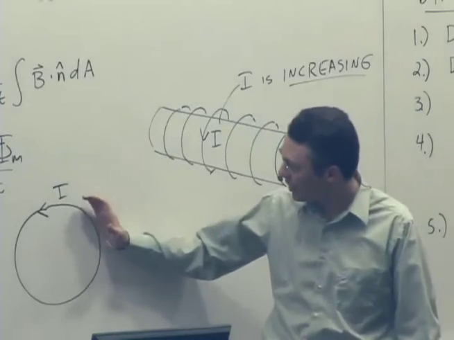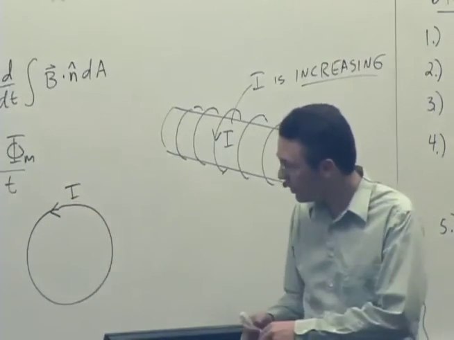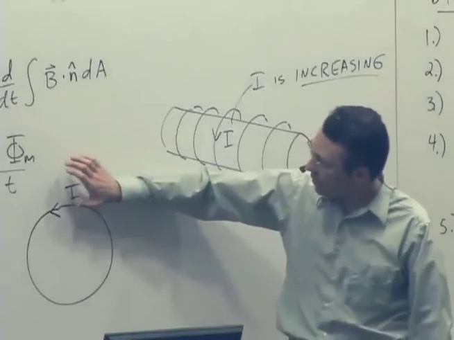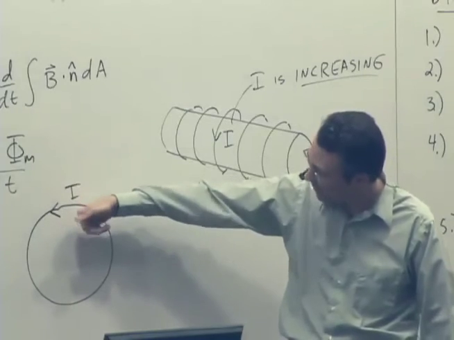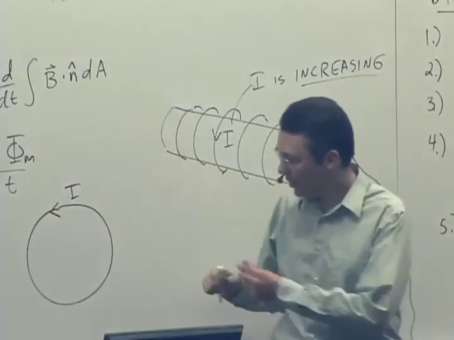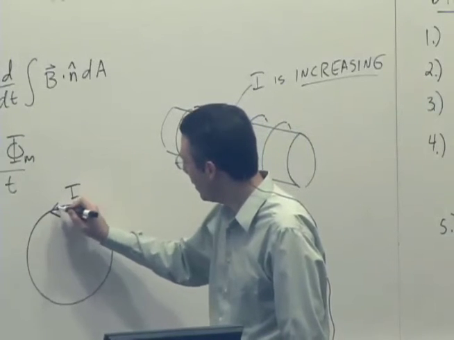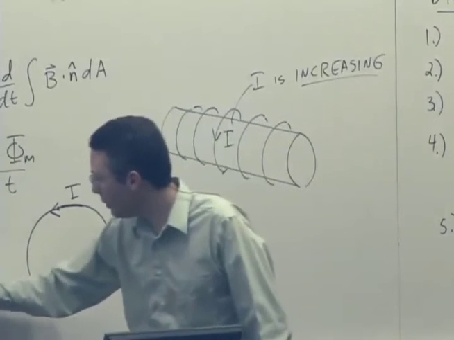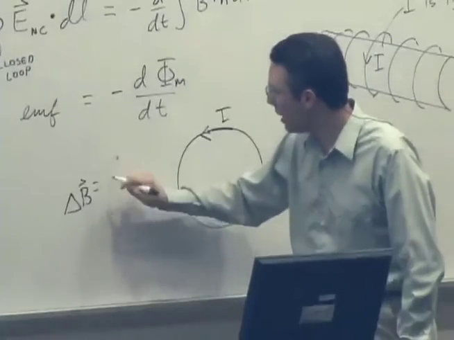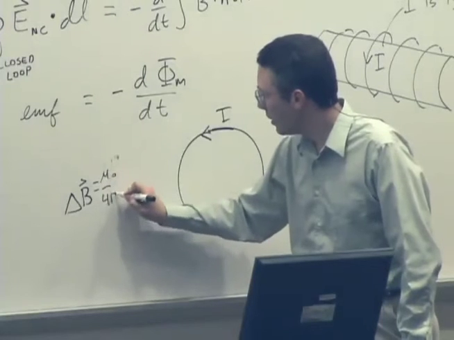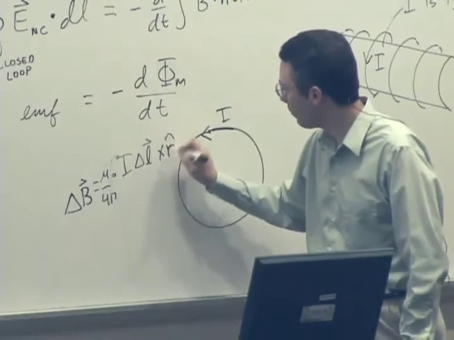You can get this a number of different ways. You can think about curling your fingers in the direction of the conventional current and the thumb points out, or you can think about your thumb in the direction of conventional current, your fingers would curl around, and the fingers would point out at the inside. Or most basically, just use the Biot-Savart law, where delta B is I mu naught over 4 pi, I delta L cross R hat over R squared.